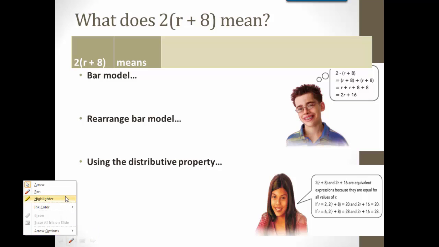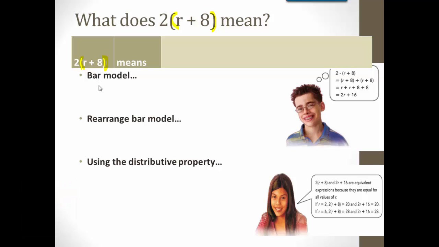So now, what does 2 multiplied by r plus 8 mean? And I'm going to highlight what I am going to distribute. So let's draw a bar model.